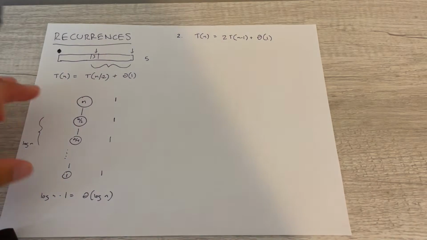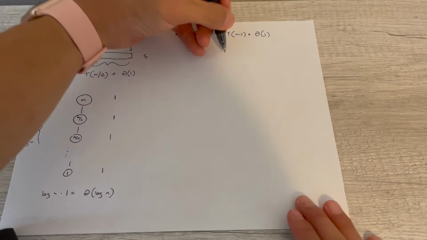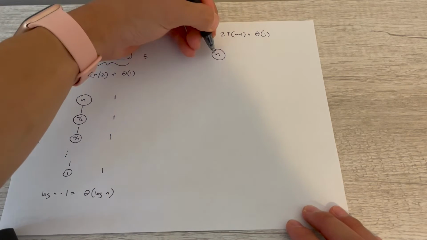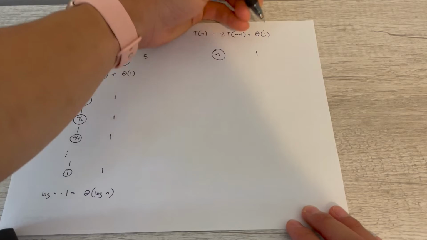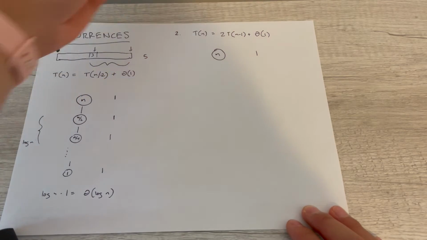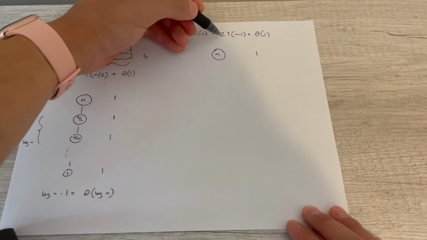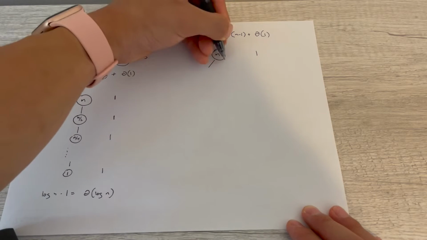So what's that going to do? Again, we start at the first layer n, and at n we're going to do theta of 1 work. Here though, since we're calling it twice, now we have an actual tree.